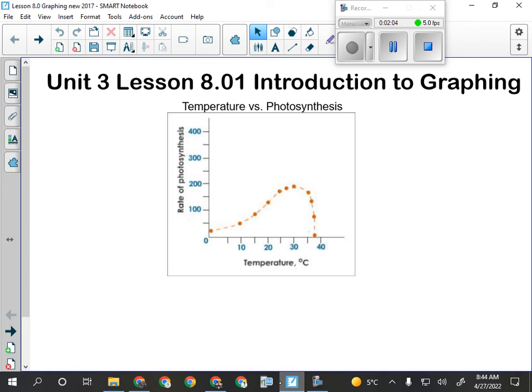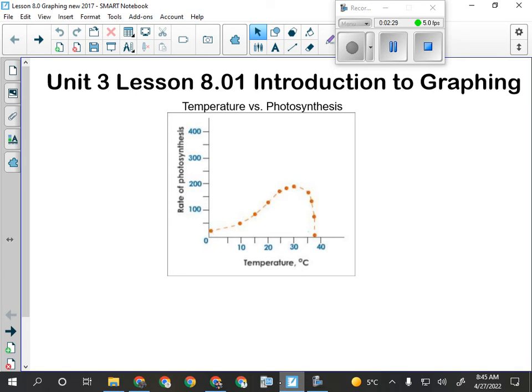Would you agree? In order for a graph to be clear and give valid information, you have to have some things. One of the main things is you've got to have a title. If I just put a graph on there, people will go, what's it about? So a graph needs a title, and that title should probably include some kind of description of what's on it.